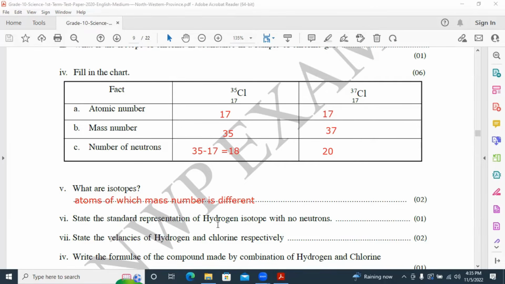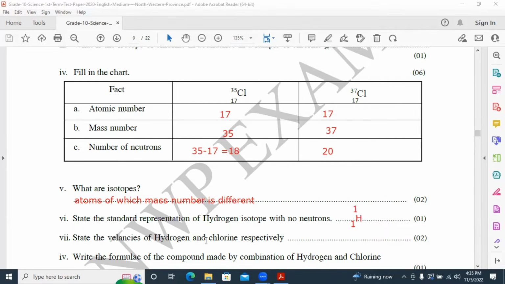State the standard representation of the hydrogen isotope with no neutrons. You have to represent it. If there is no neutron, the atomic number is 1, and the mass number is also 1 because there are no neutrons to add.